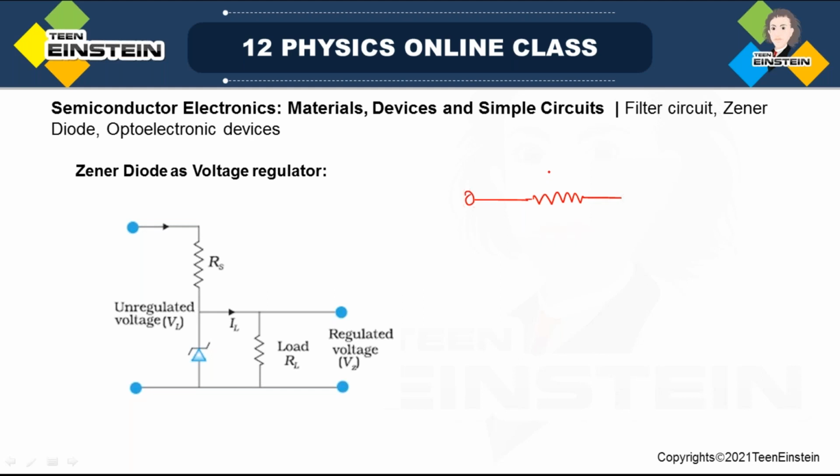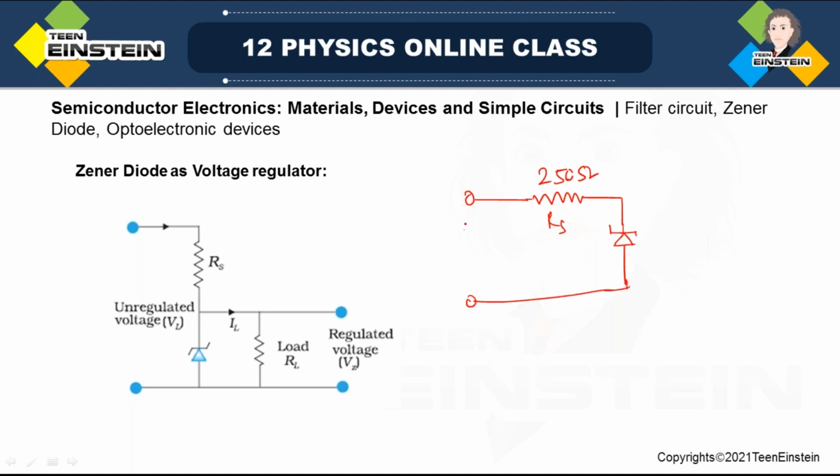Suppose this is a 250 ohm series resistor, this is Rs, and the Zener diode is connected here in series with this, and the other part is here.